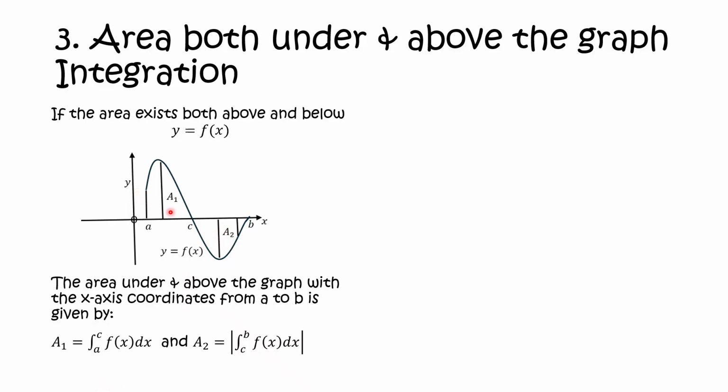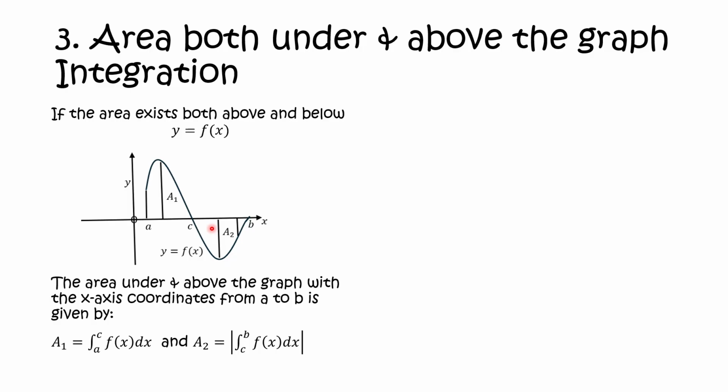Because the one that is below the x-axis will come up negative. So if we have one that is positive and one that is negative, and we just integrate from A to B, we would have a scenario where the area is underrepresented because the negative is subtracted from the positive, whereas that wouldn't be the case.